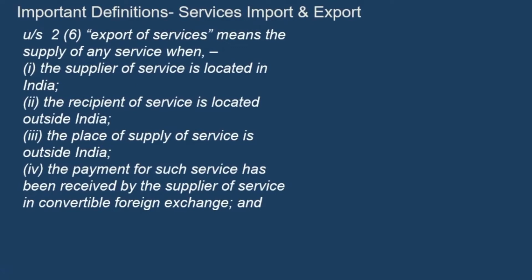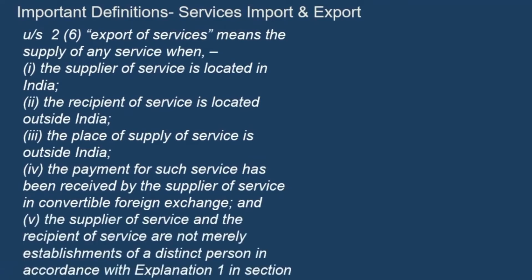Then only it is treated as export of services. That is why in the previous discussion on export of goods, it was specifically noted that in the definition of export of goods, it is nowhere mentioned that you must receive the payment in foreign currency for supply of goods. But for supply of services, you must receive the payment in foreign exchange currency.